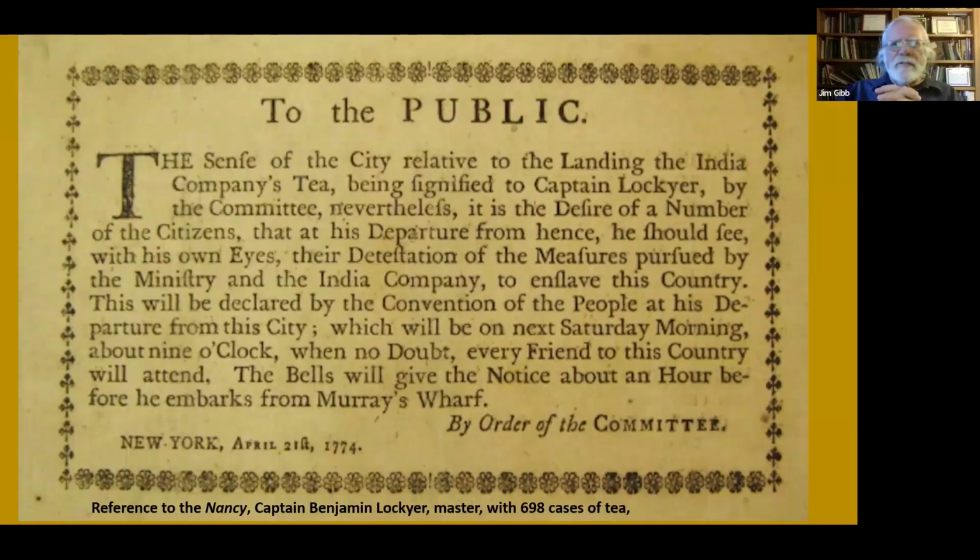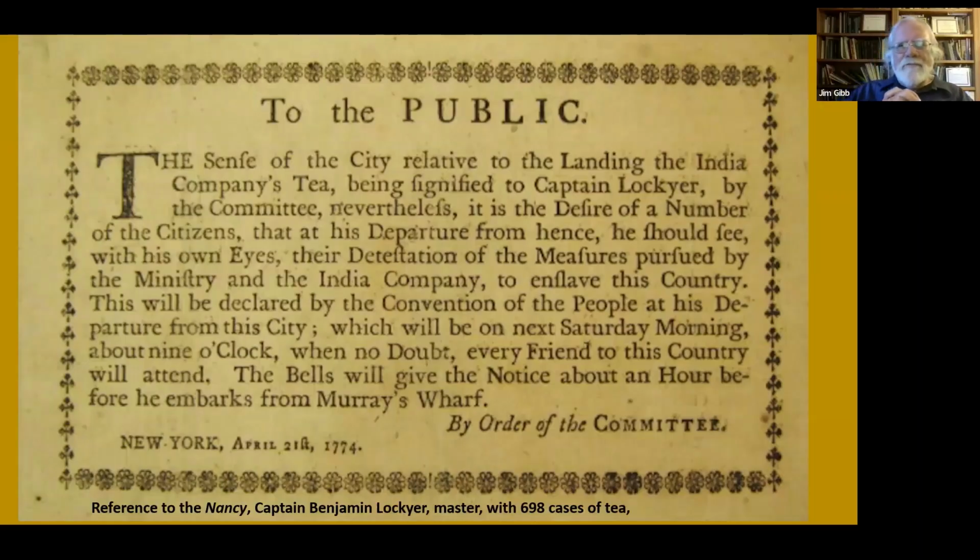And it reads, "The sense of the city relative to the landing of the India Company's tea being signified to Captain Lockyer by the committee, nevertheless, it is the desire of a number of the citizens that at his departure from hence, he should see with his own eyes their detestation of the measures pursued by the ministry and the India Company to enslave this country.